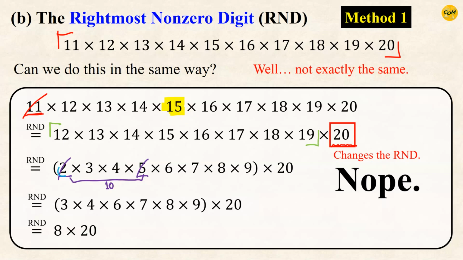You see, we have eliminated this 2 and 5 because they give 10, a number with the rightmost non-zero digit of 1. But these two have actually come from 12 and 15. And guess what we obtain when we multiply these two? We get a number with the rightmost non-zero digit of 8, which means that we cannot just reduce 12 times 15 into 2 times 5.